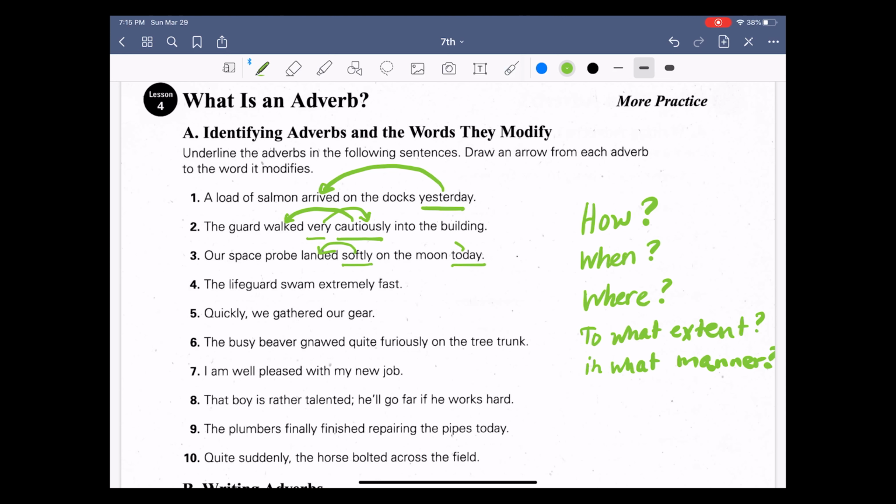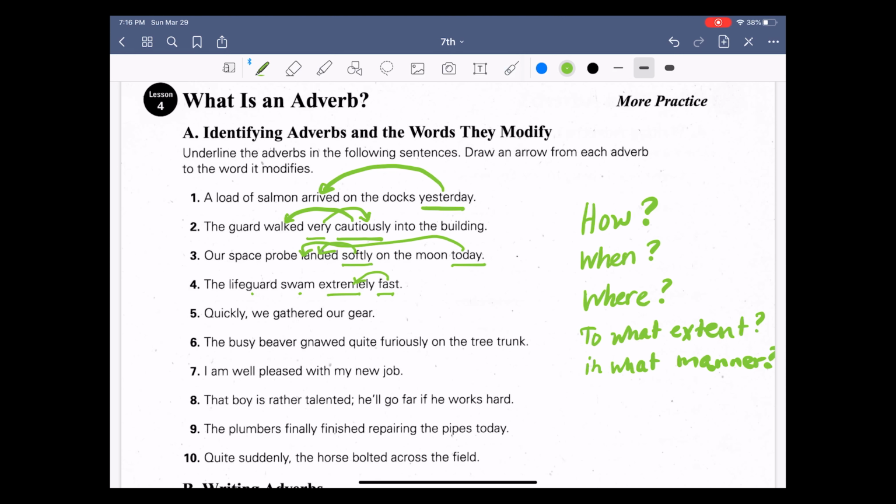It landed today. Number 4, the lifeguard swam extremely fast. What's happening? Lifeguard is swimming. And how's he swimming? Fast. And to what extent? Extremely.